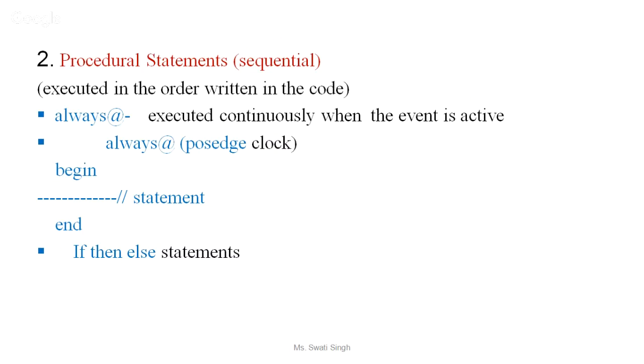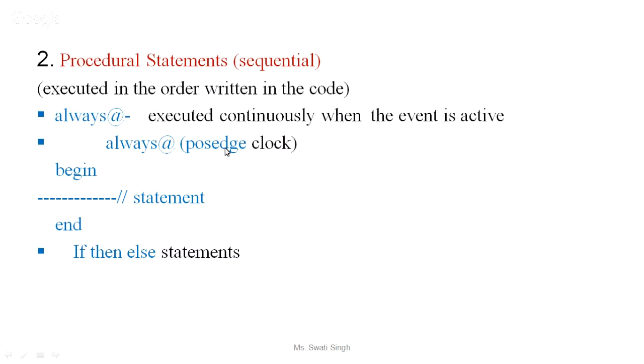Second one is procedural statement, sequential statement. In sequential statement, statements are executed in the order written in the code. Here we use always at the rate. Always at the rate means executed continuously when the event is active. Whenever your event is active, this statement will begin as you see in this example.